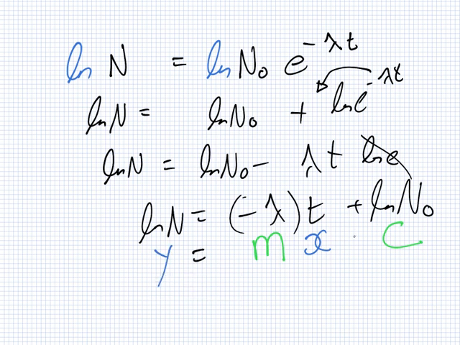So we can see that the lambda is equal to minus m, which, remember, the lambda is always positive. Okay. Now that is a proof. I've seen the maths for this and the capacitors as well a couple of times.